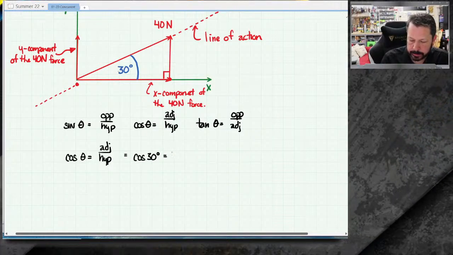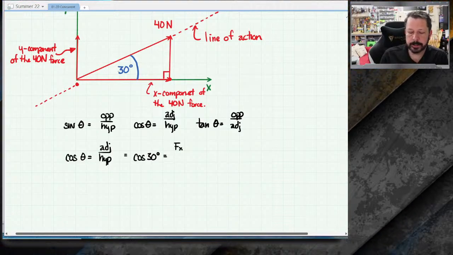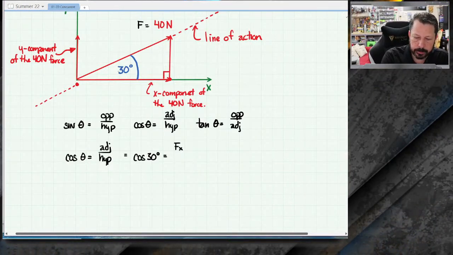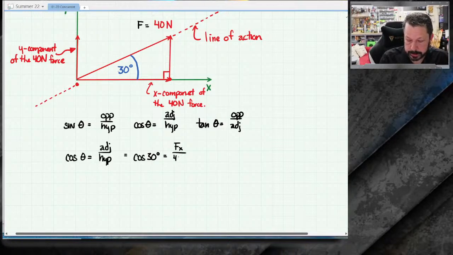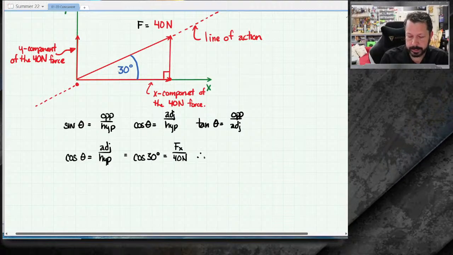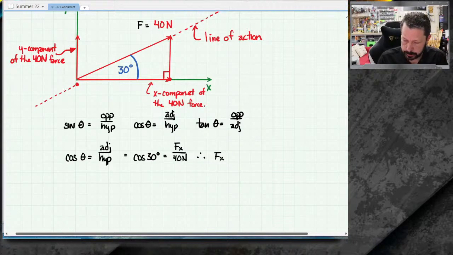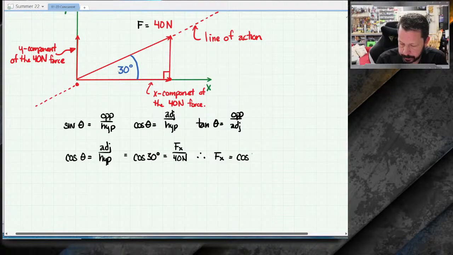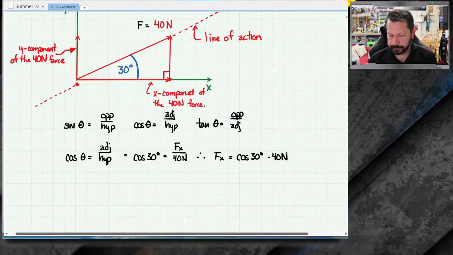Let's write it Fx, the x component of the force, and the force is 40 newtons. And then the hypotenuse is F, the 40 newtons. So therefore, I can solve that equation for Fx, the x component of the force. So Fx is equal to cosine 30 degrees times 40 newtons.